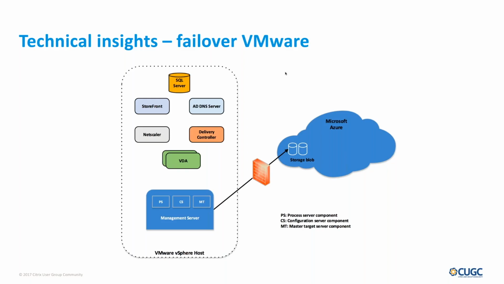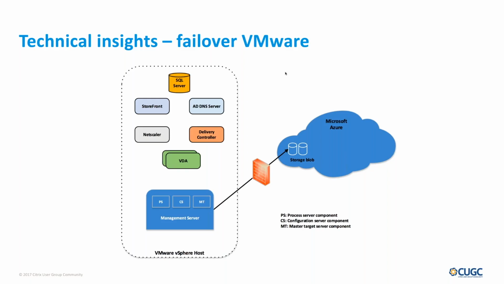And then the replication takes place from the StoreFront server, for example, to the management server. And from the management server, it's replicated over the internet to the Azure storage account, to the storage blob service of the Azure storage account.